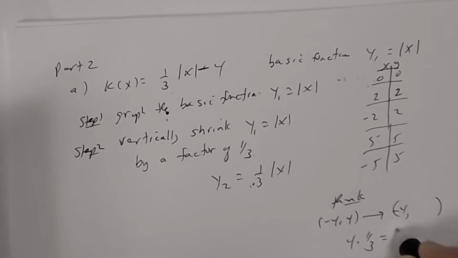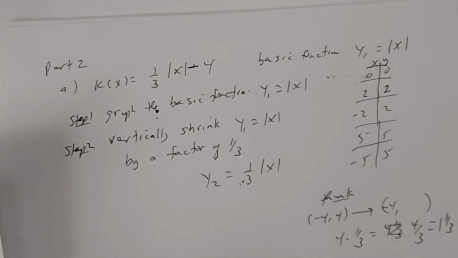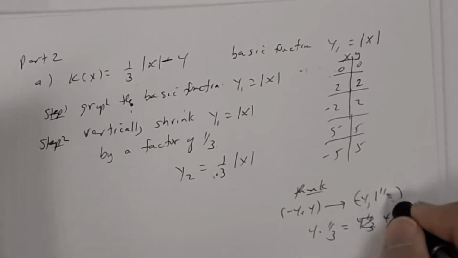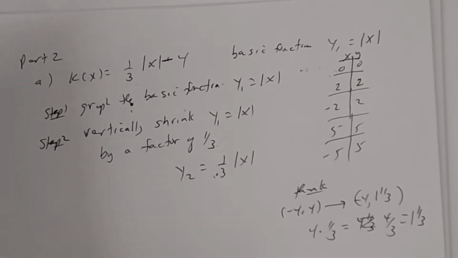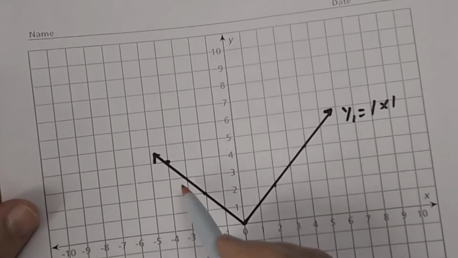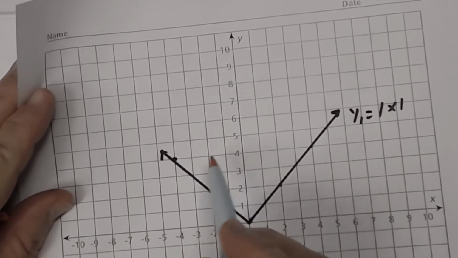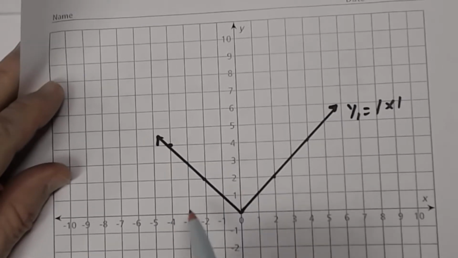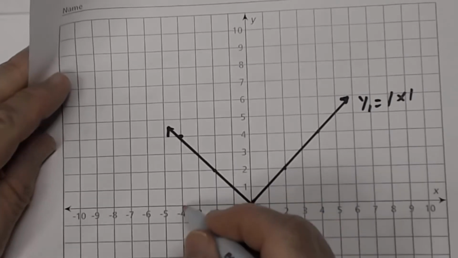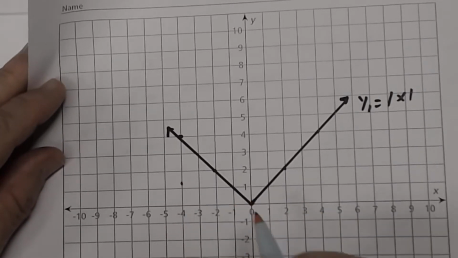So 4 times 1/3 is 4/3, which is 1 1/3. All right, so that's 1 1/3. So this point, negative 4, positive 4, becomes negative 4, 1 1/3, which is about here.